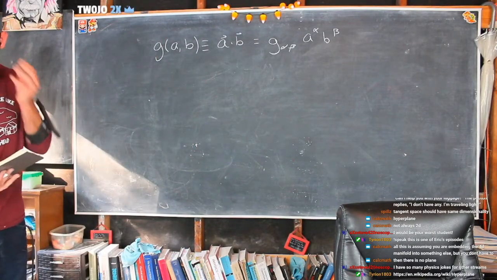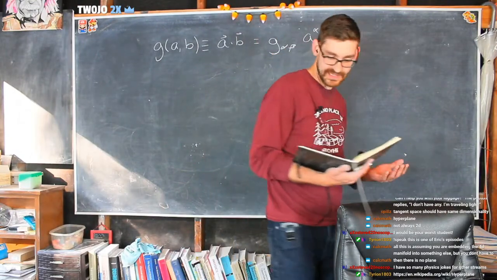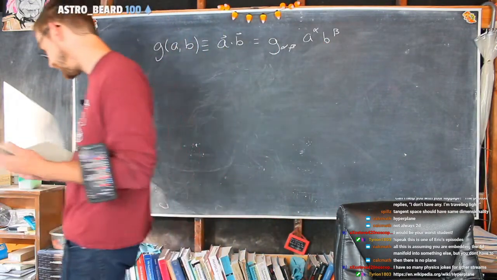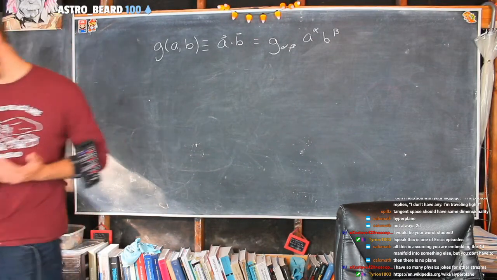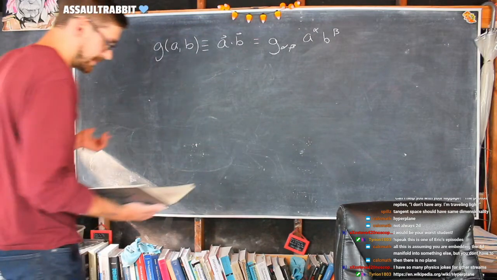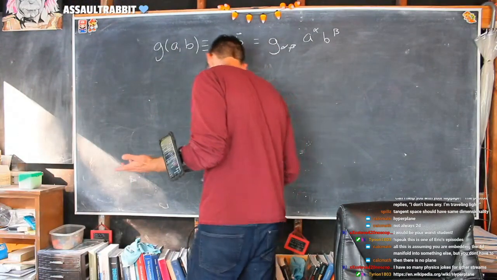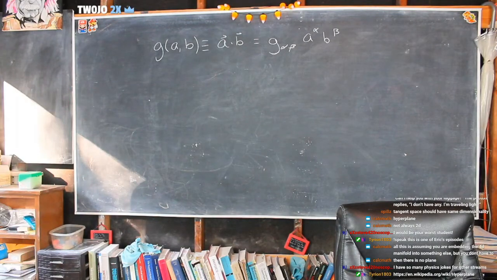So let me say what Hartle says, because I really like this a lot. The straightforward definition of rank is as follows: a tensor of rank R is a linear map from R vectors to real numbers. So that makes a lot of sense, right? If we have a scalar, then we just multiply it by scalars and we just get scalars. Those are real numbers, right?